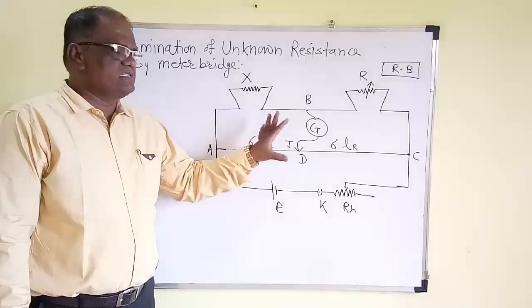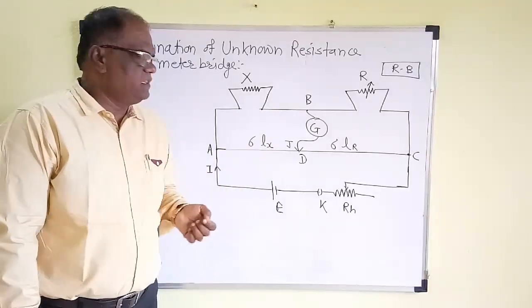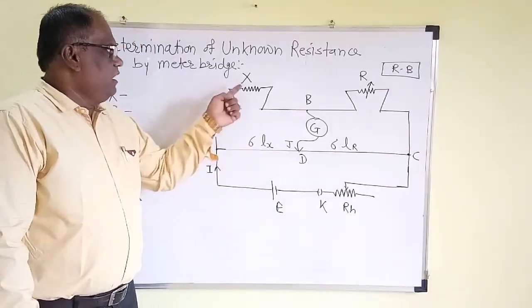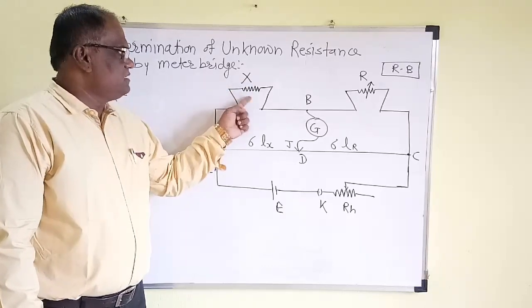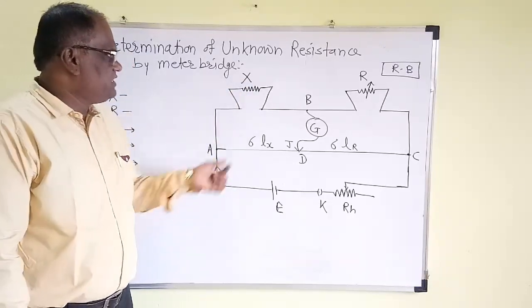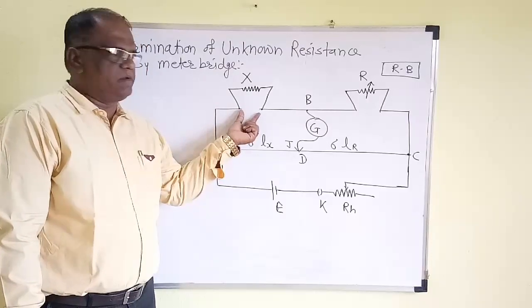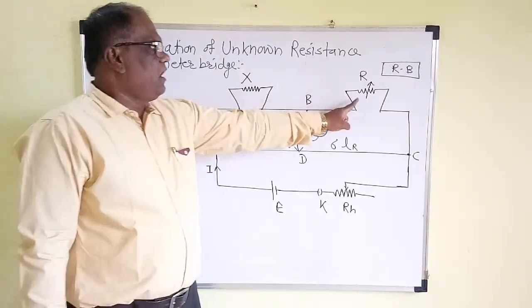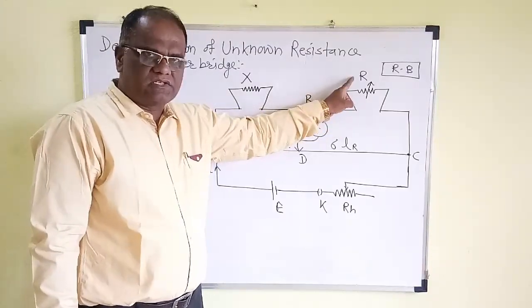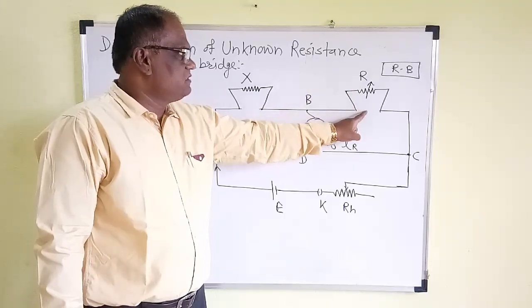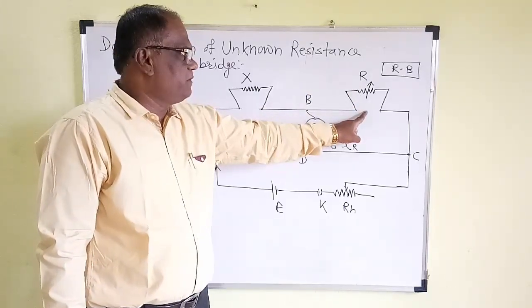Here, the connections are made as shown in the figure. X is the unknown resistance which is connected in the left gap of the meter bridge. R is the known resistance which is kept in the right gap of the meter bridge.